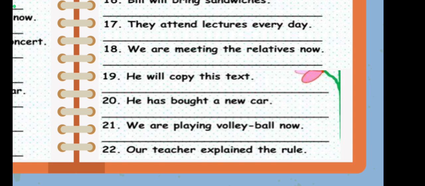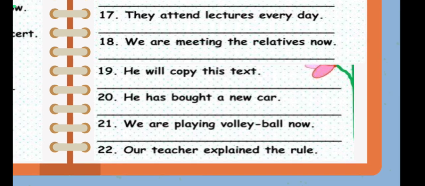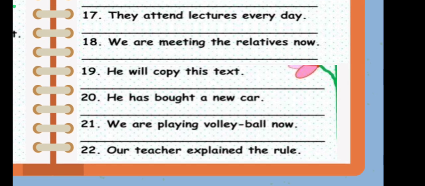Okay, volleyball is. I could say volleyball game, but in this case it's only volleyball, volleyball in general, not necessarily a match. Volleyball is. Now be careful, this is continuous, so we use being.